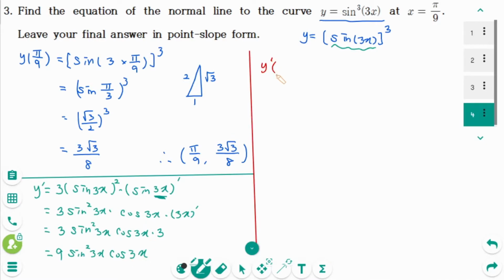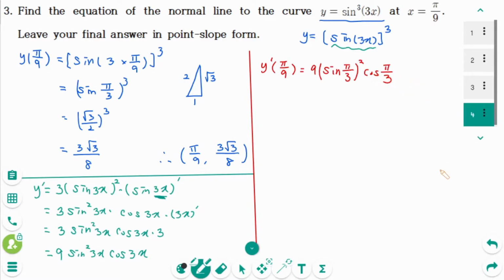Y prime of pi over 9 equals 9 times sine pi over 3 squared times cosine pi over 3.